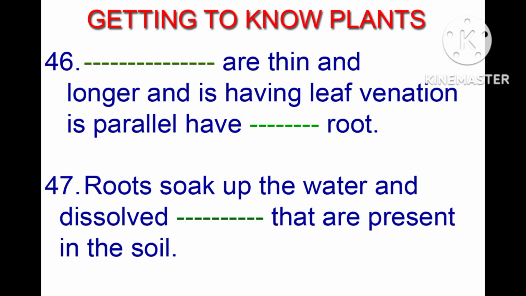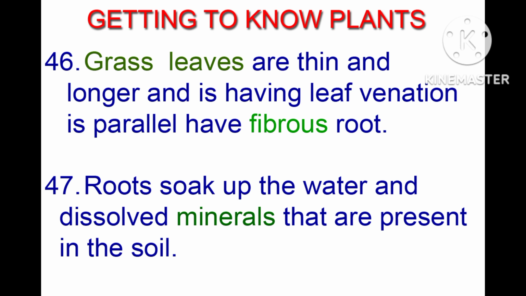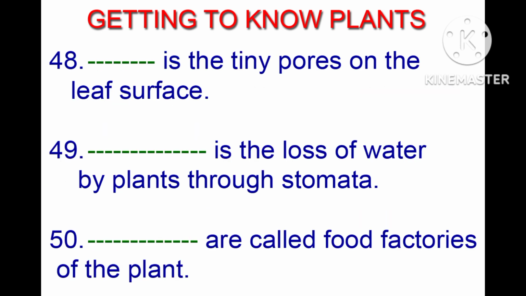Roots soak up the water and dissolve dash that are present in the soil. The answer is mineral. 48th question. Dash is the tiny pores of the leaf surface. The answer is stomata.